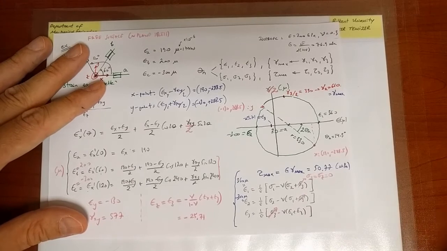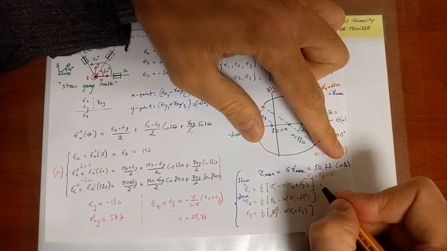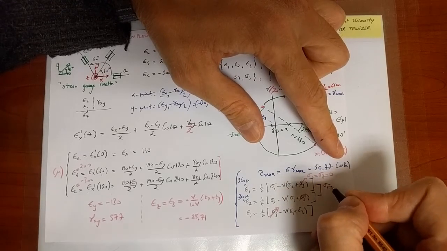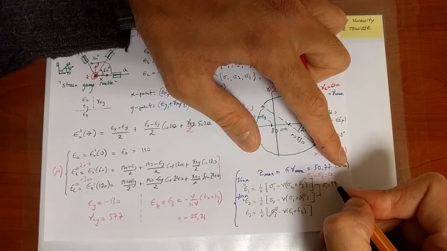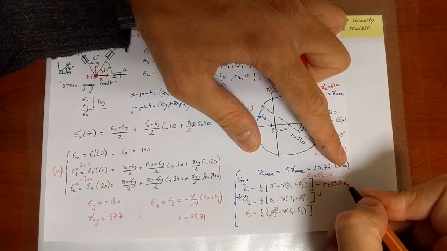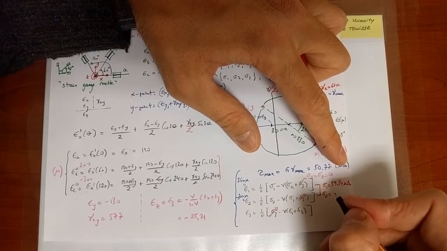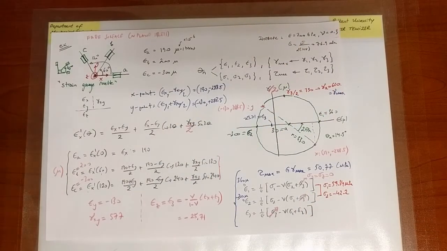And so you can go ahead and eventually find the values of the stresses, and from these two, you will find that sigma 1 is equal to 59.34 MPa. Again, goes without saying it's MPa, and sigma 2, the second principal normal stress, is minus 42.2 MPa. Okay, sigma 3 is equal to 0.